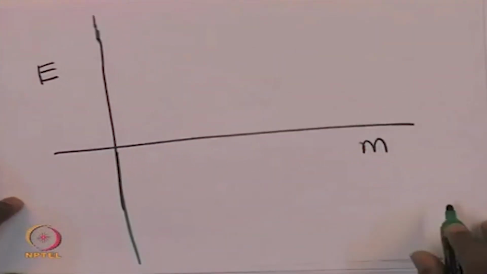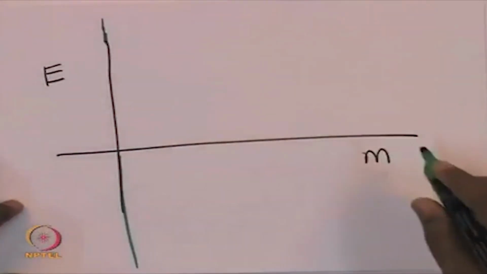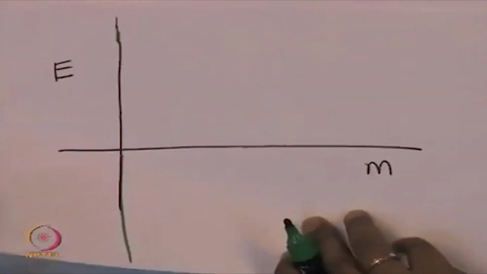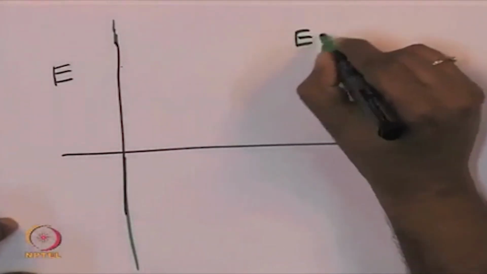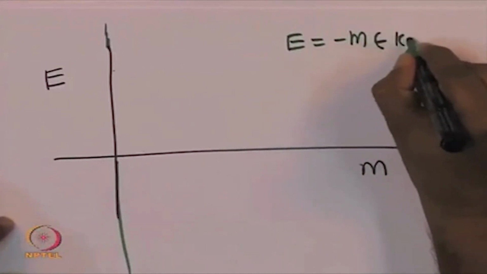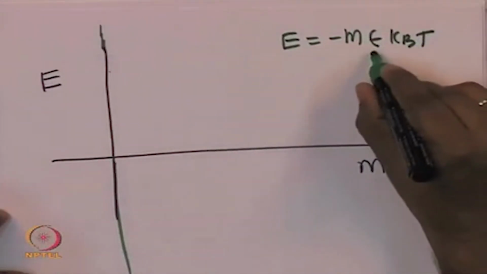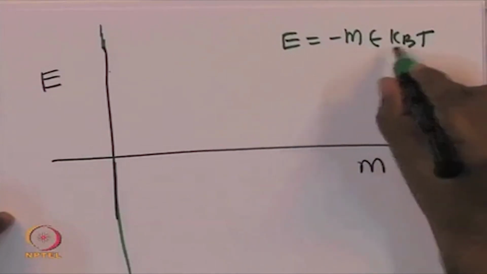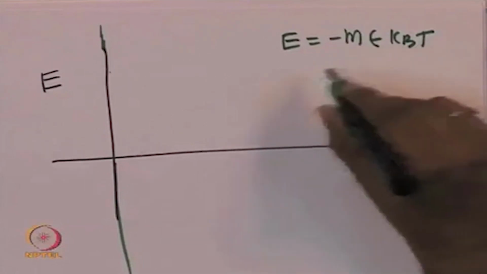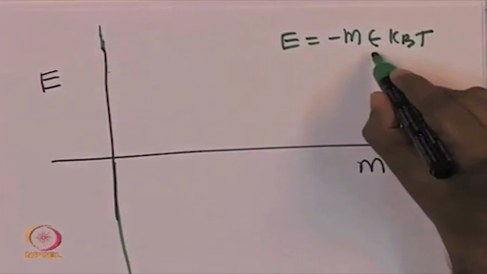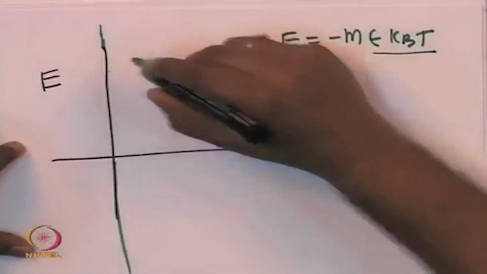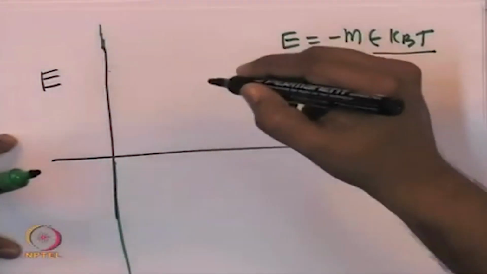Let us say there is some certain energy gain, and the curve will look like minus m epsilon kBT. Epsilon is a positive number, kBT is also a positive number. So, this is like y is equal to minus some constant times x, where x is m here. So, this graph will look like this.